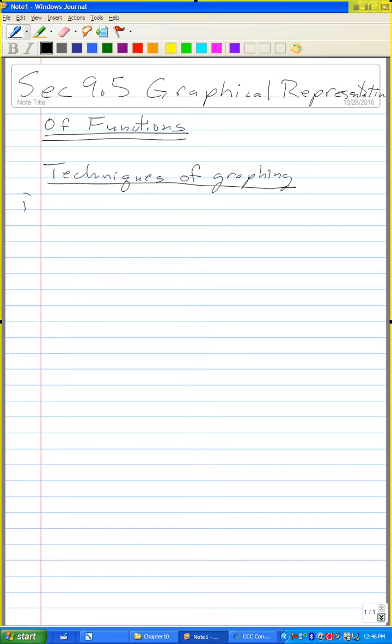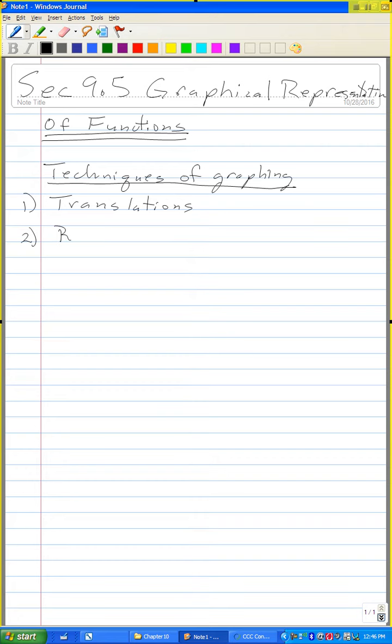So the first technique is translations, where we have rigid translations where we move right, left, up, down, but we do not change the shape of the curve other than just moving it from one location to another.